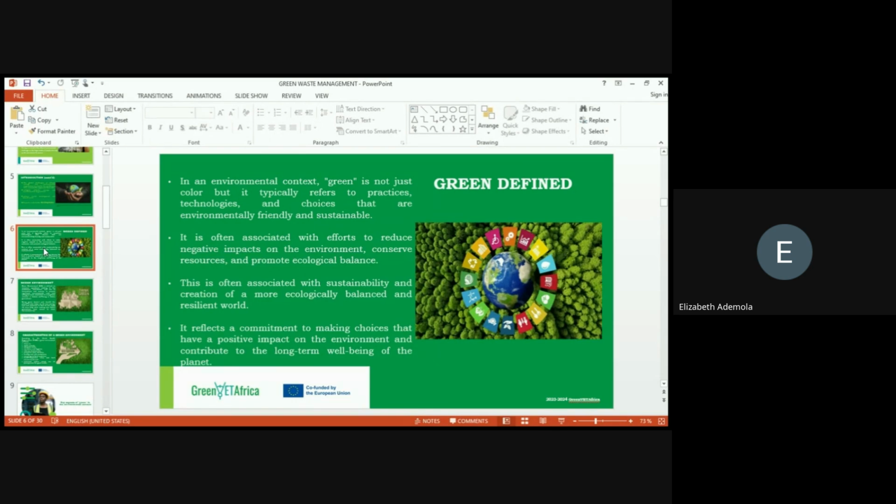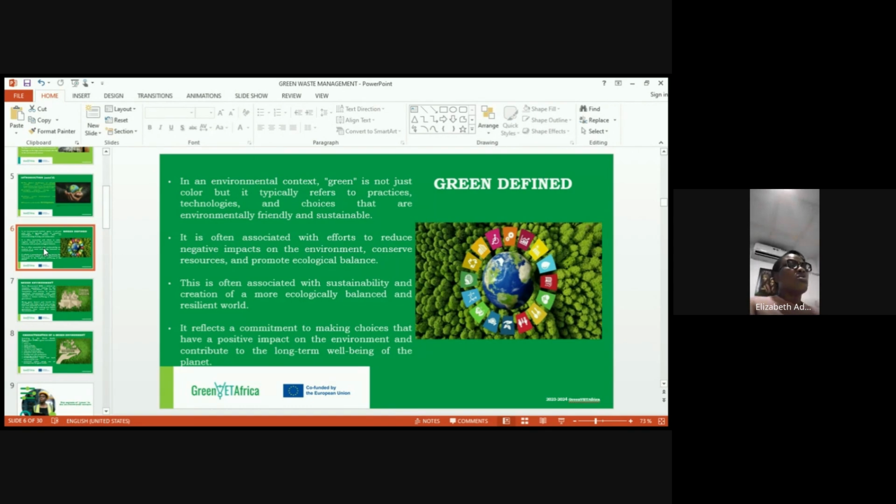Also, it is often associated with sustainability and the creation of a more ecologically balanced and resilient world. How do we make our environment sustainable and more livable and more convenient for us? So when we talk green, this is the context in which we look at it from the environmental perspective.